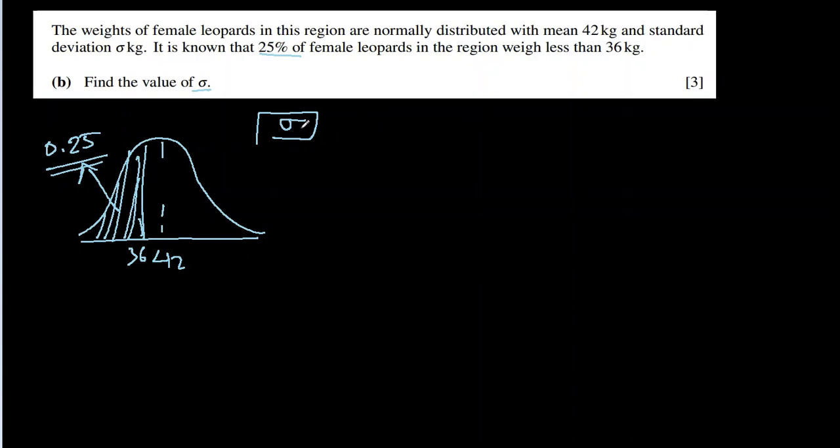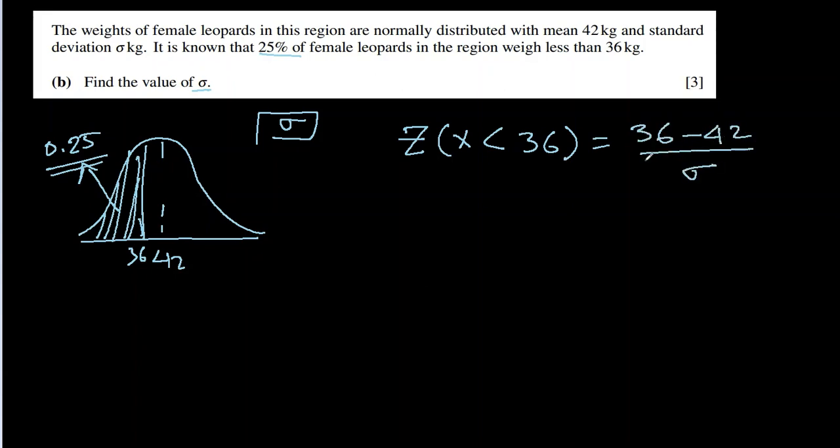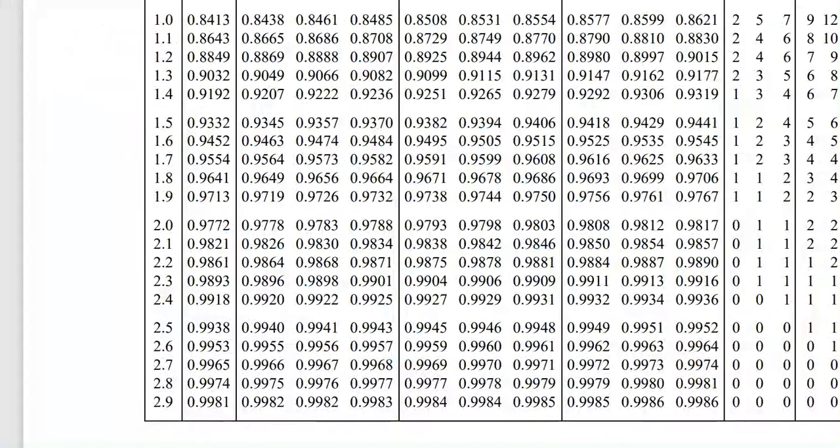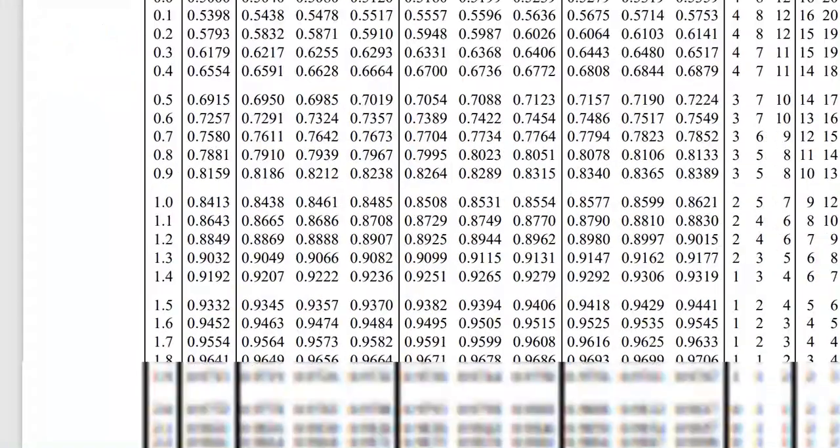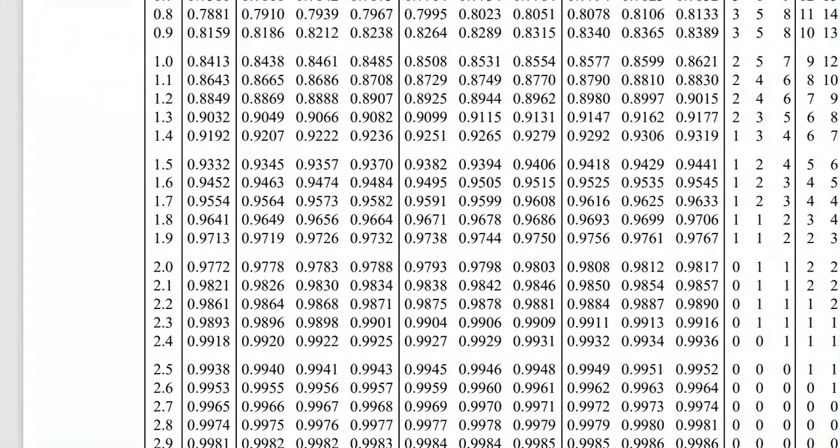Alright, so we know that the z score for x less than 36 will be 36 minus 42 over sigma, right? And now we need to go back to our chart and see what is the counterpart of 0.25 in the chart. 0.25 is nowhere to be seen, and rightly so, because there is no negative z score, so we can't find 0.25 here.